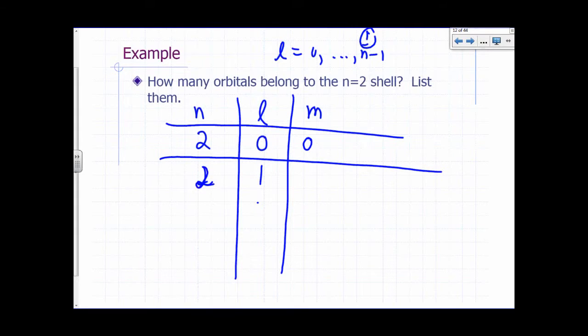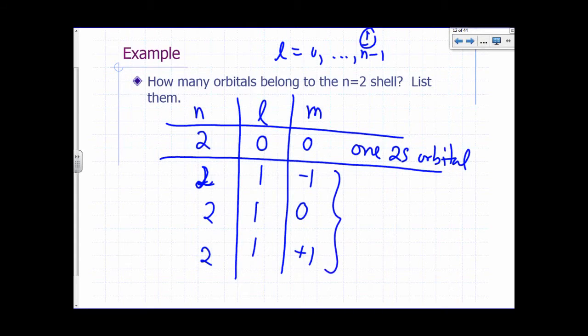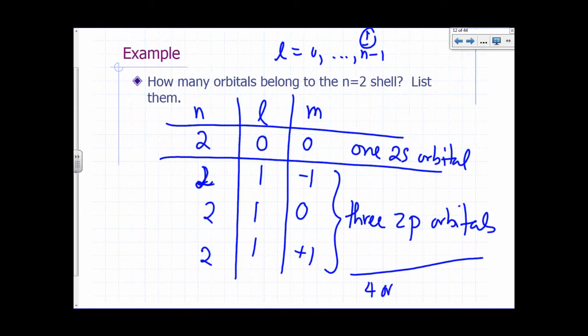For l equals 1, it can be -1, 0, or +1. That means you have 1 2s orbital in the 2s subshell and 3 2p orbitals, for a total of 4 orbitals.